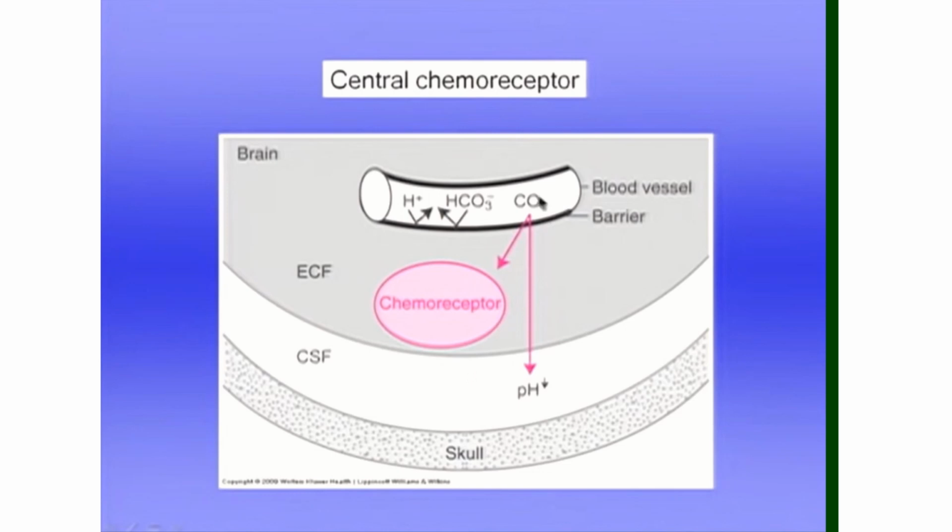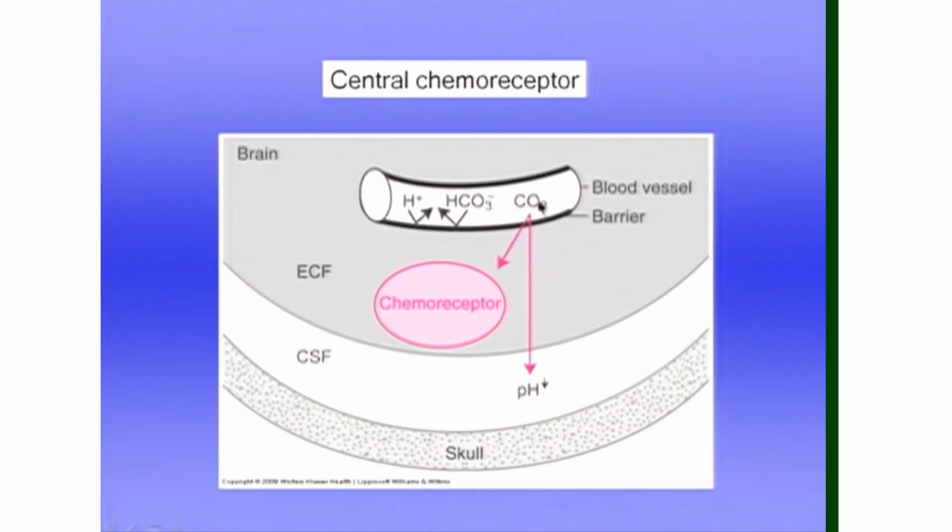And the way it works is that you have blood in one of the smaller blood vessels in the brain. It turns out that the blood vessels in the brain have a remarkable barrier called the blood-brain barrier, which limits the permeability of many substances across the wall of these blood vessels. The cerebral blood vessels are special in that regard. For example, they don't allow hydrogen ions or bicarbonate ions to permeate this barrier.